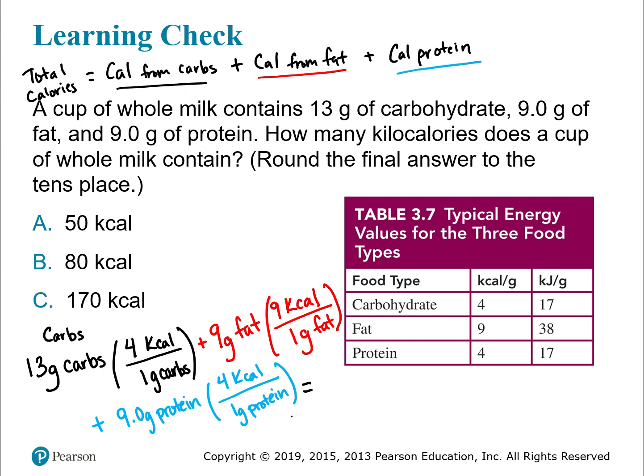So when you're doing this on your calculator, you want to get an amount for the carbs, for the protein, and the fat. You want to add those together and use the rules that they tell you for rounding. So 169 kcal is what you should get when you total all of this up. And then it says round the final answer to the tens place.